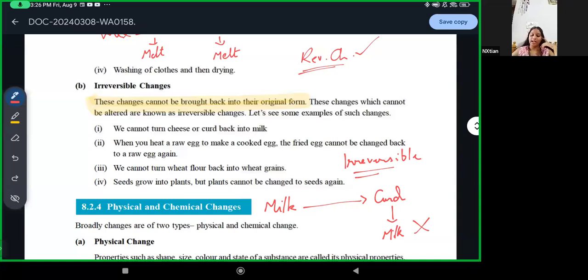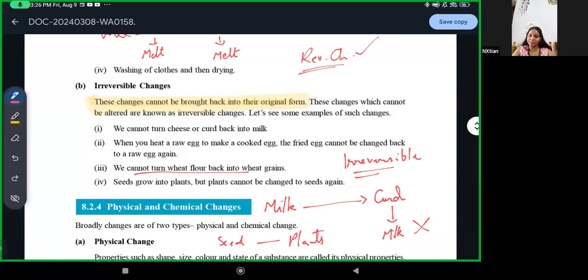When you have a raw egg, you boil it to make a boiled egg. Can you turn the boiled egg into a raw egg again? No, we cannot do that. Irreversible change. And we cannot turn wheat flour back into wheat grains. A seed turns into a plant, but can the grown plant be turned back into a seed?